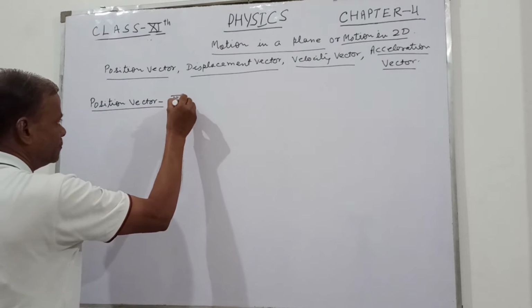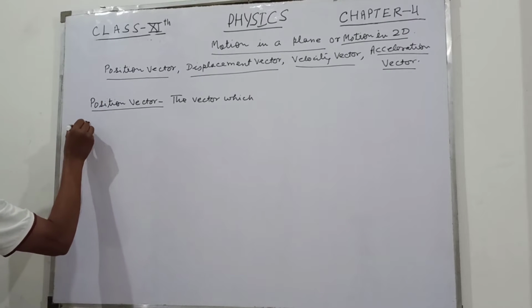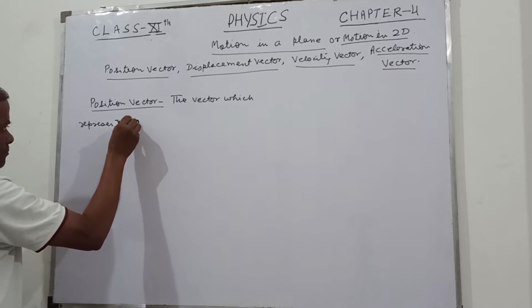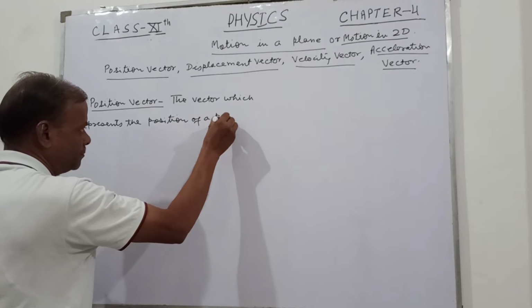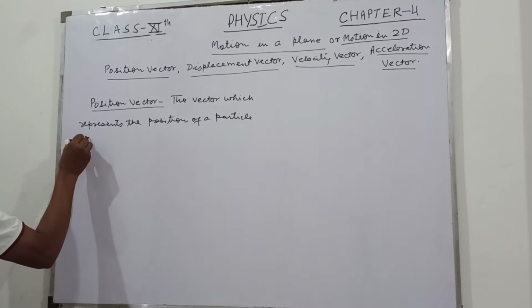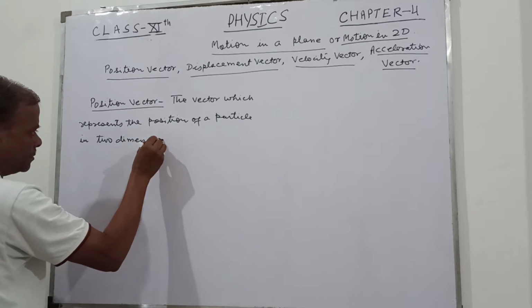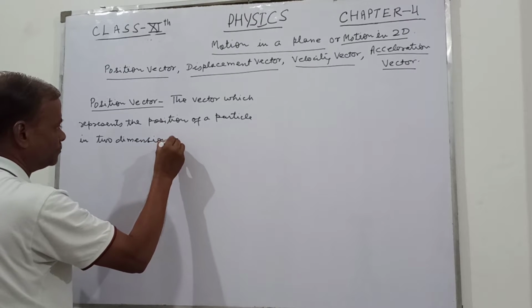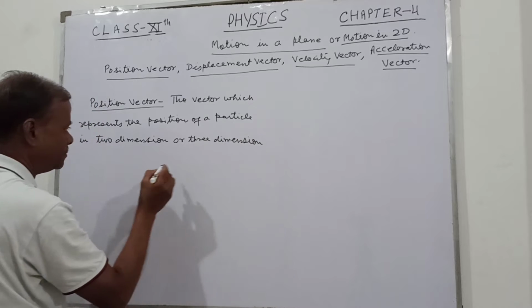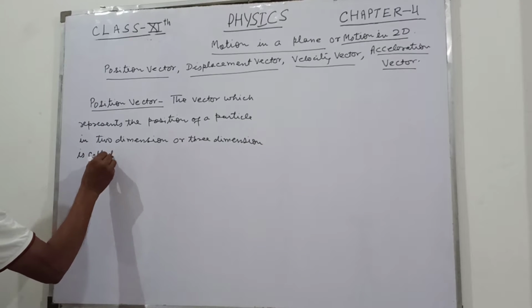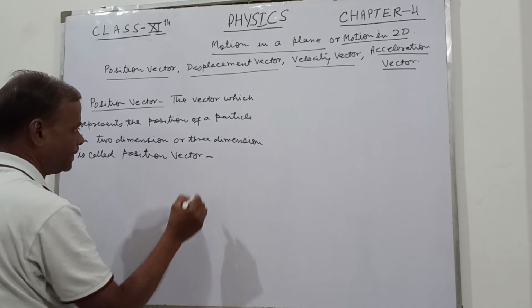The vector which represents the position of a particle in two dimensions or three dimensions is called the position vector.